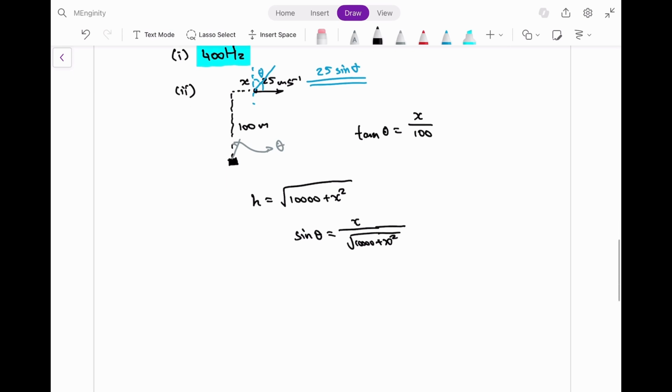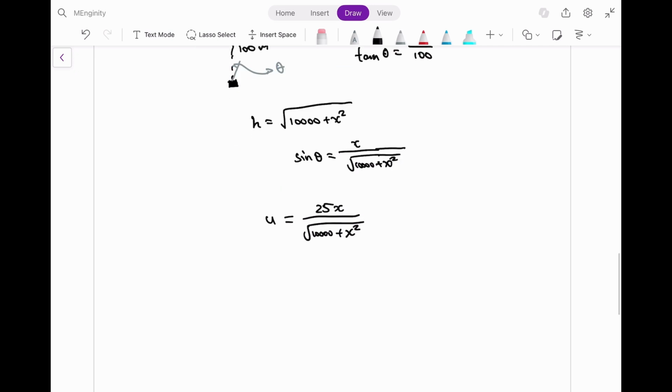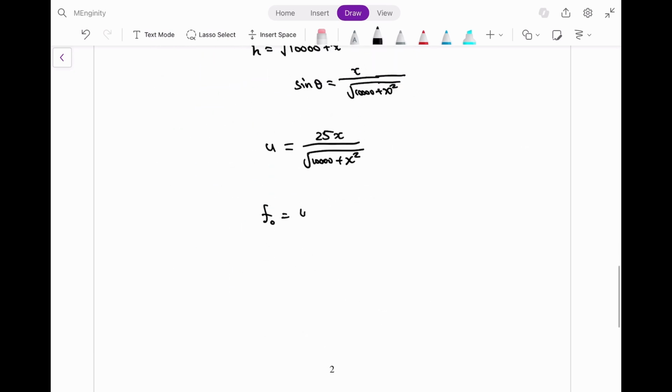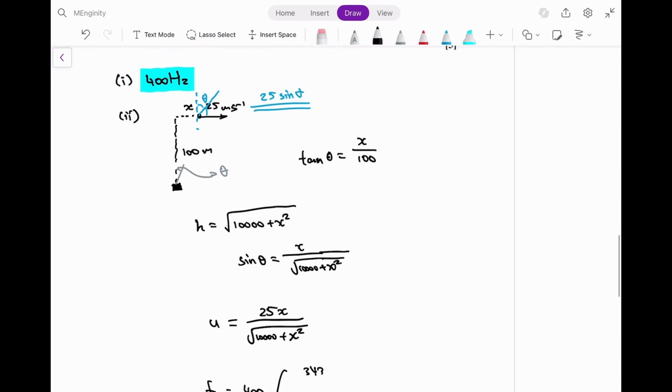So therefore the speed will be equal to 25x over this. This is simply equal to the speed. And then what we can do is plug this into the equation. So therefore f observed will be equal to the frequency, which is 400, times c, which is 343, I think it's given in the question.